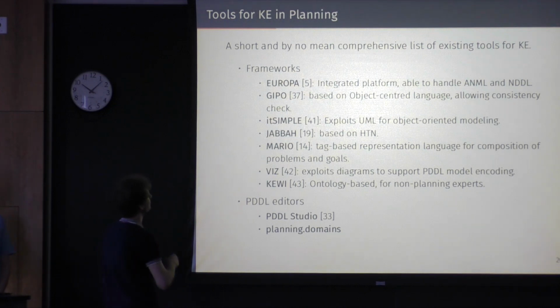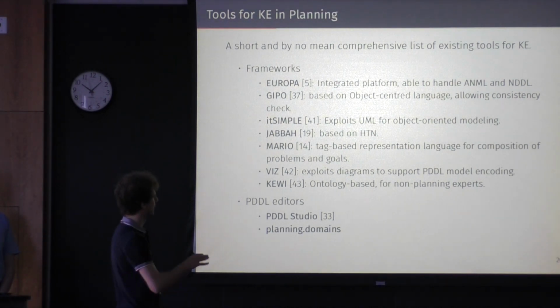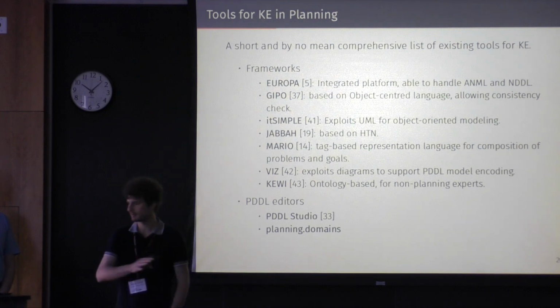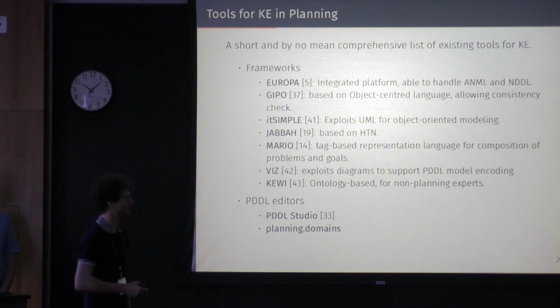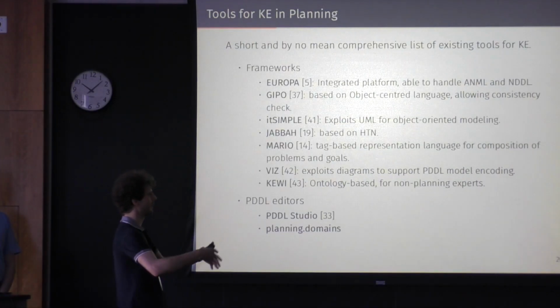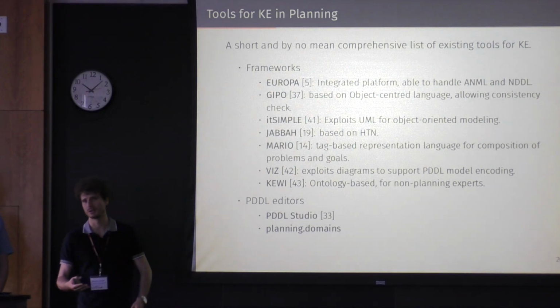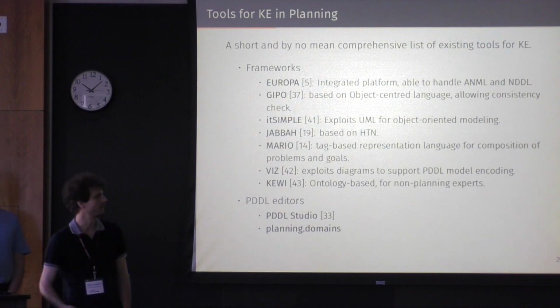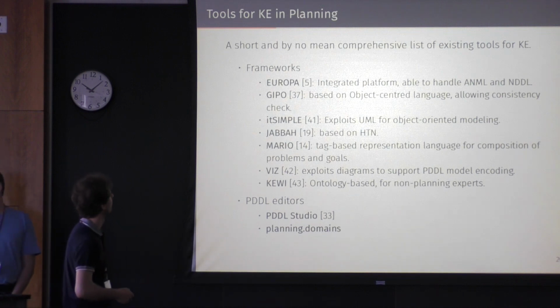And then we have some other tools which have been developed by NASA, for instance, or by ESA, or by different institutions, trying to support as much as possible all the steps of knowledge engineering. Usually this means you are abstracting from PDDL, allowing you to represent things in a different way, which is easier for humans and easy to document, and then you ground it into PDDL or a different language.